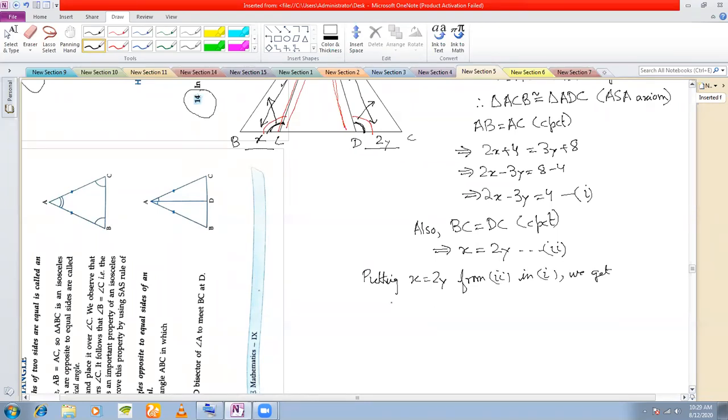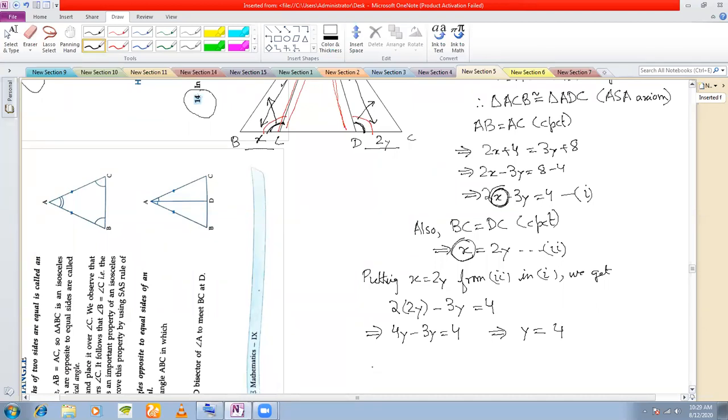We get 2 into 2y minus 3y, because I am replacing this x, instead of this x, I am putting 2y, in 2x minus 3y is equal to 4. That means 4y minus 3y is equal to 4. That means y. You can solve by this elimination method also, no problem. As long as you get the two equations, it's okay.